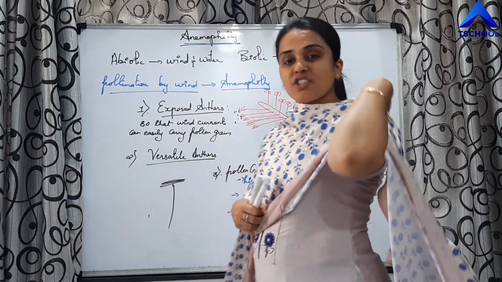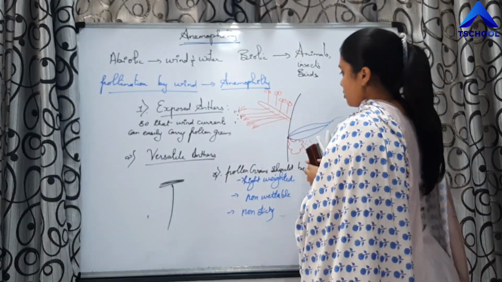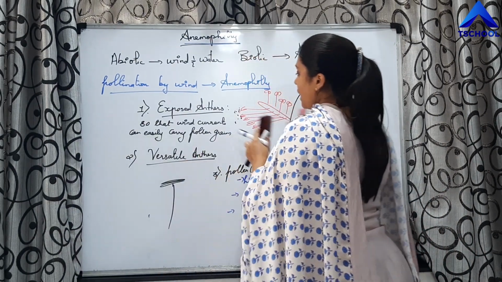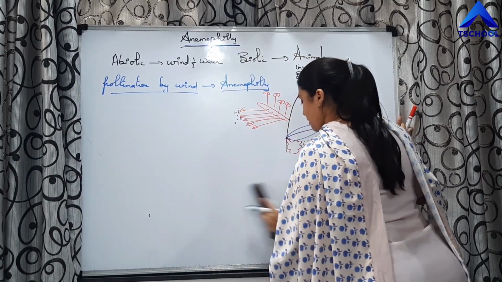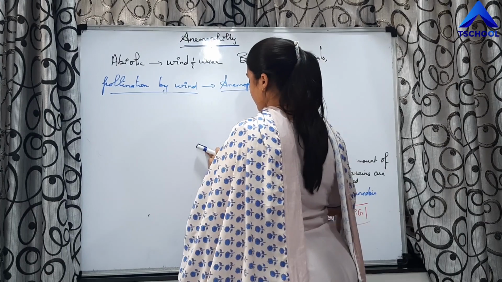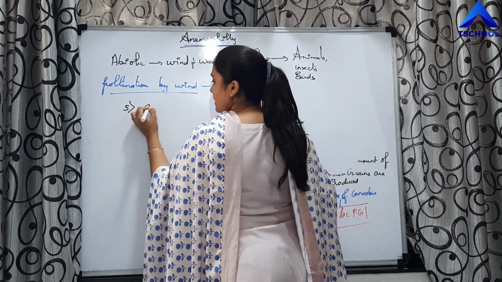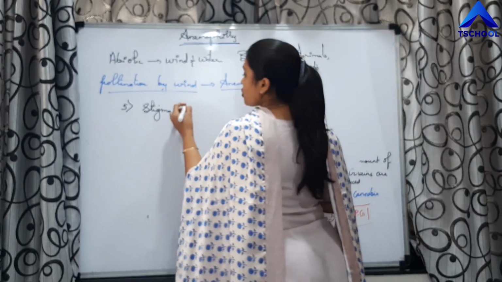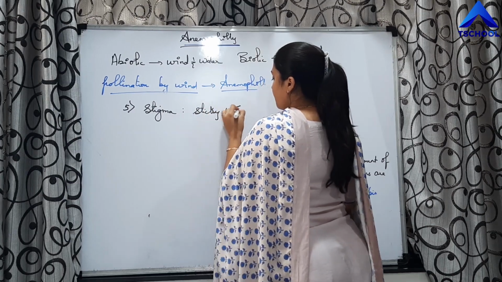So these are the factors which favor anemophily. There are a few more factors required, that is the stamen, and the stigma. The stigma, which is going to receive the pollen grain, should be sticky and feathery.